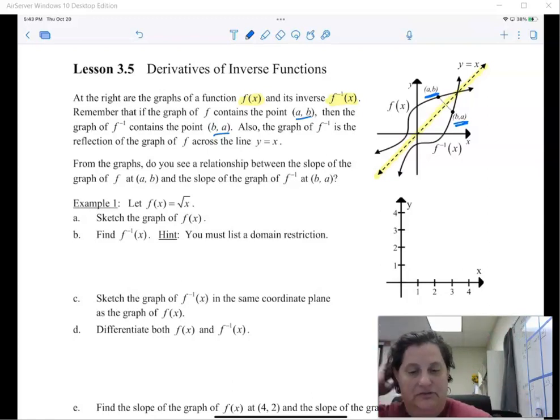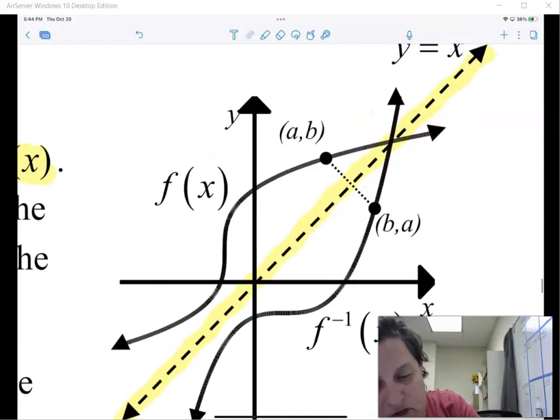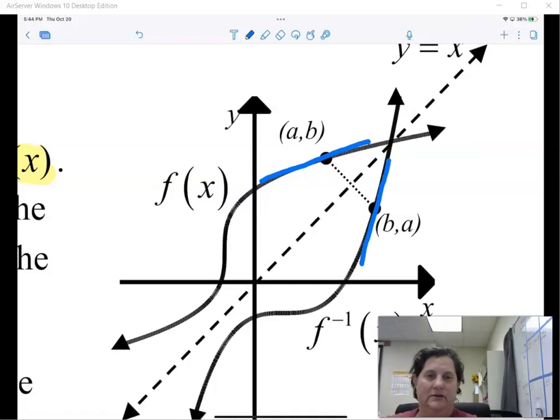So it says, do you see the relationship between the slope of the graph at (a, b) and the slope of the inverse at (b, a)? Let's zoom in a little bit. You see that the slope here would be like that, maybe? And the slope would be like that, I guess. Do those slopes look like they could be reciprocals of each other, maybe?